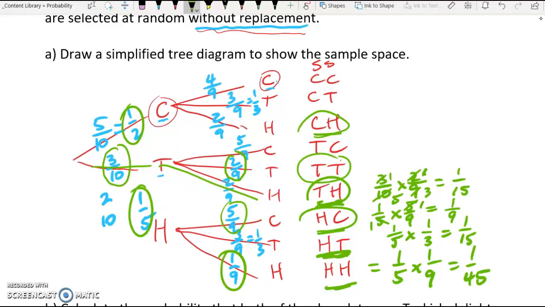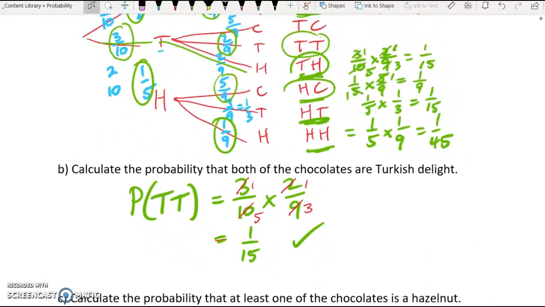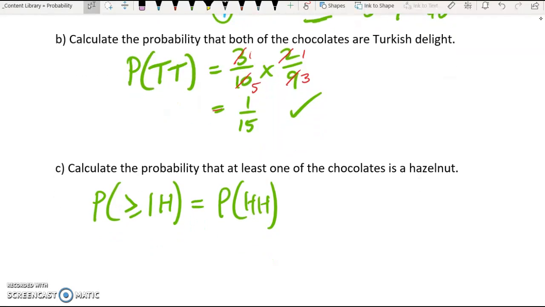It's a half for Caramello first, and then 2/9 for hazelnut second. So a half multiplied by 2/9. Same thing, cancel there, gives 1/9. So I'm completing this.